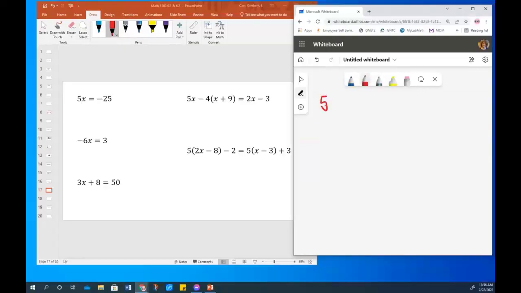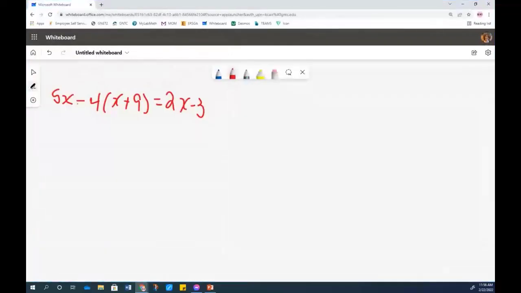So here, 5x minus 4, parentheses, x plus 9, close parentheses, equals 2x minus 3. So this is one that initially you want to simplify each side first. There's nothing on the right-hand side, 2x minus 3. You can't simplify that.